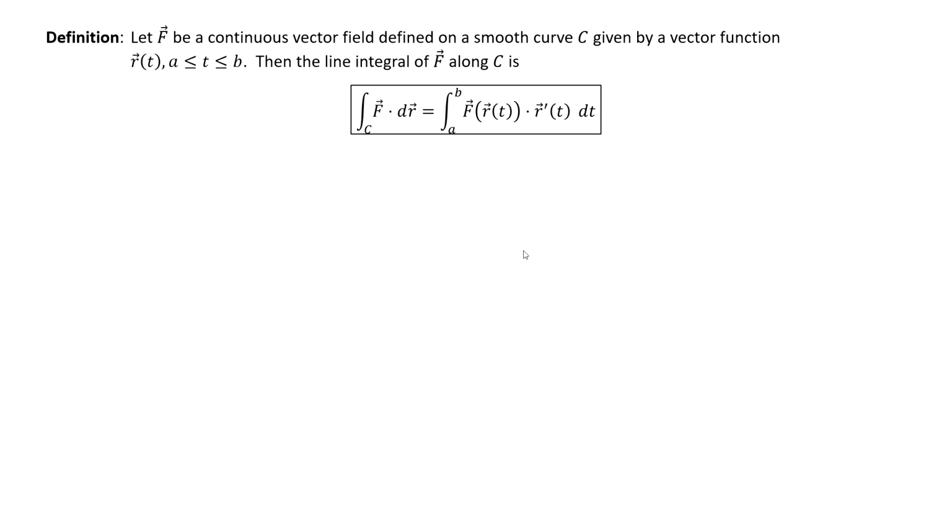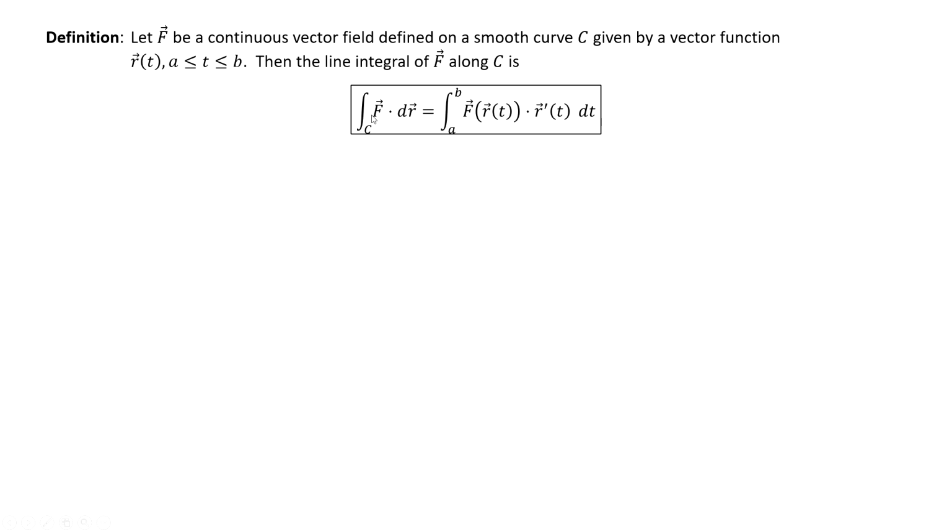Well, the integral of a vector field over a curve is defined as F dotted with dr, where r is the parametric form of the curve expressed in a vector form, as a vector function.